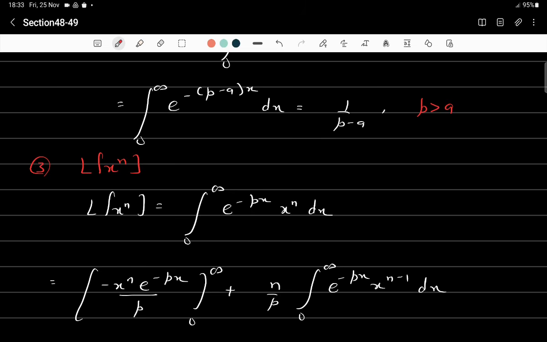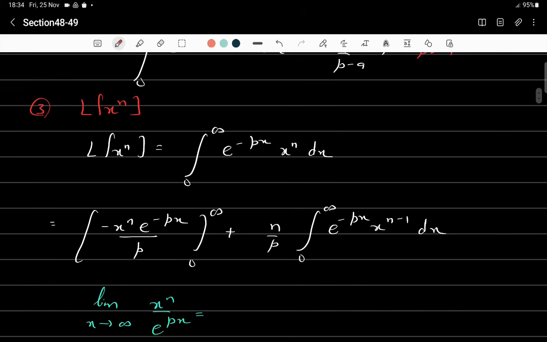Yes, we discussed it earlier also, we will discuss it now also. So the second term is of the form x raised to the power n by e raised to the power px when limit x tends to infinity.